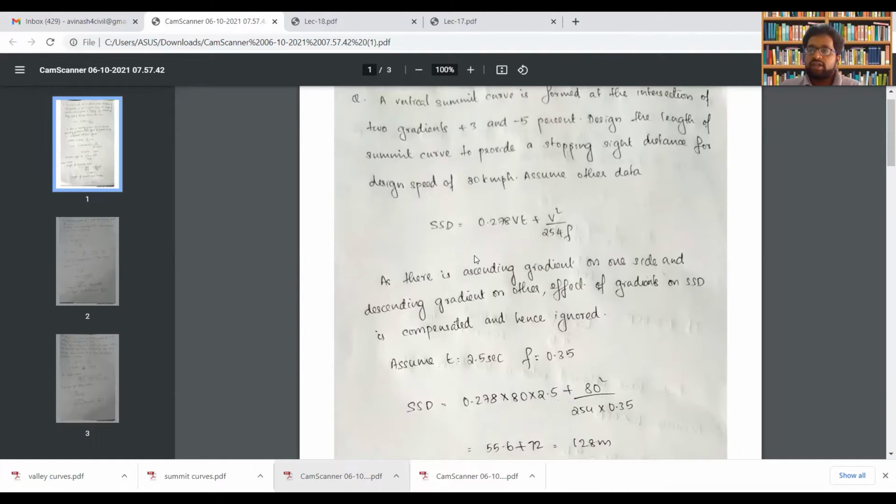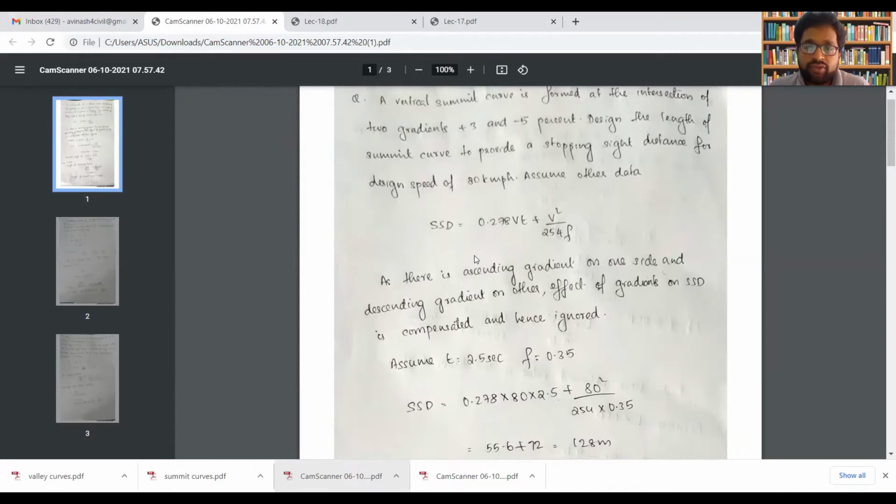In the question, if total reaction time is not given, we have solved similar questions. You have to assume the value for total reaction time, which should be 2.5 seconds.